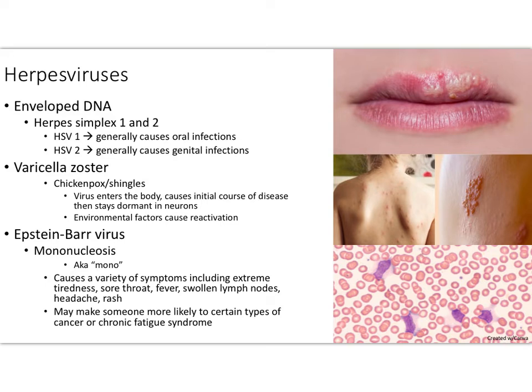It is possible to get HSV1 in the genital region, and it's possible to get HSV2 in the oral region. It's just that most of the time, HSV1 is associated with oral herpes and HSV2 is associated with genital infections.